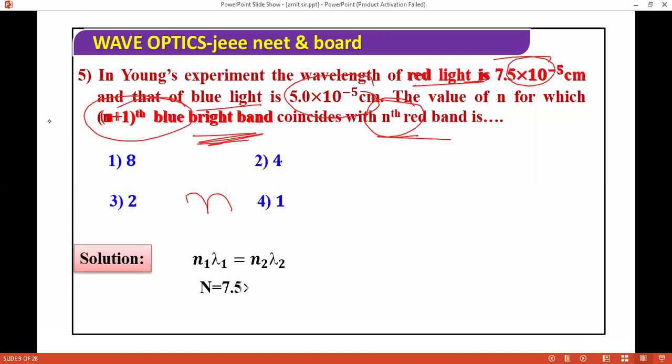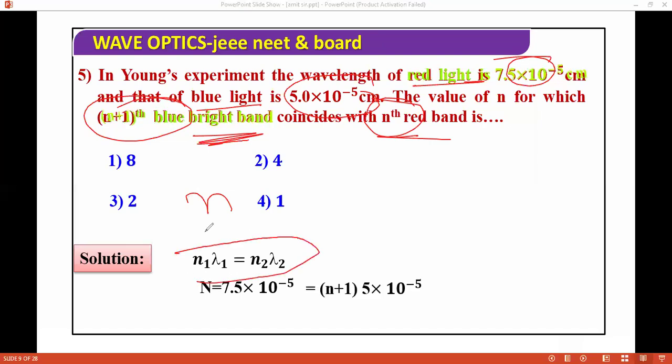If this condition applies, you can directly solve: n1 lambda 1 equals n2 lambda 2.